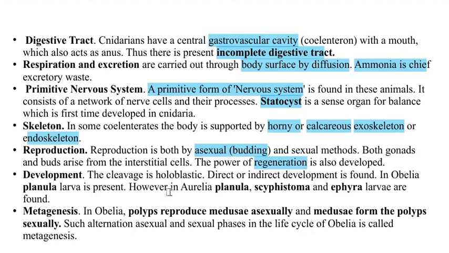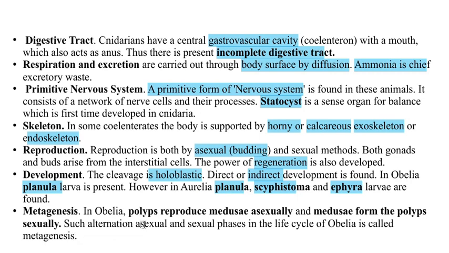Development. Development is indirect, which includes the planula larva in Obelia and the planula, Scyphistoma and Ephyra larva in Aurelia. The cleavage is holoblastic.